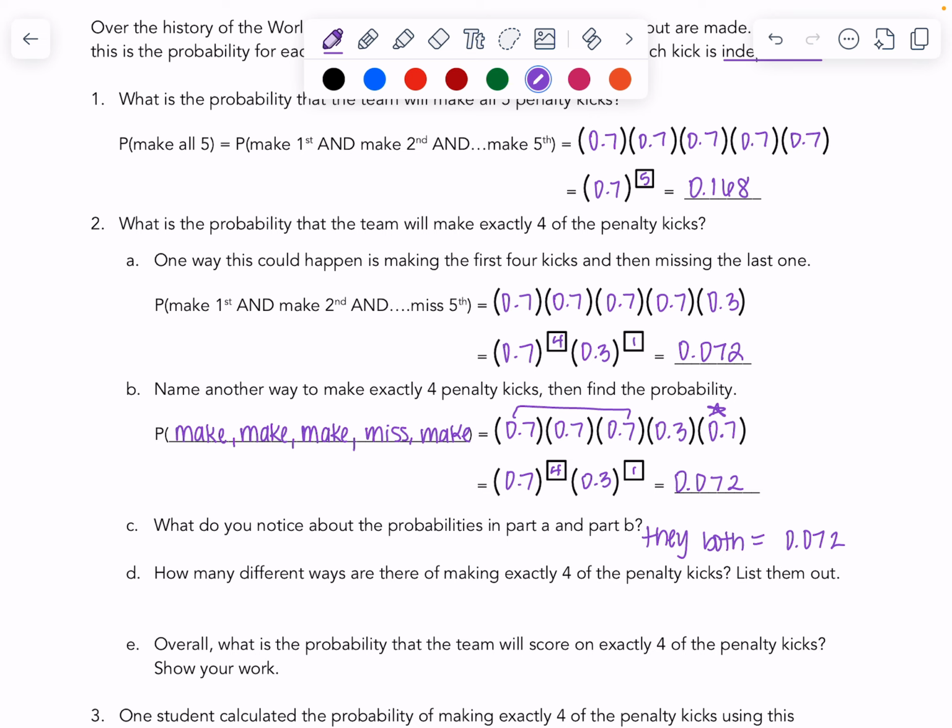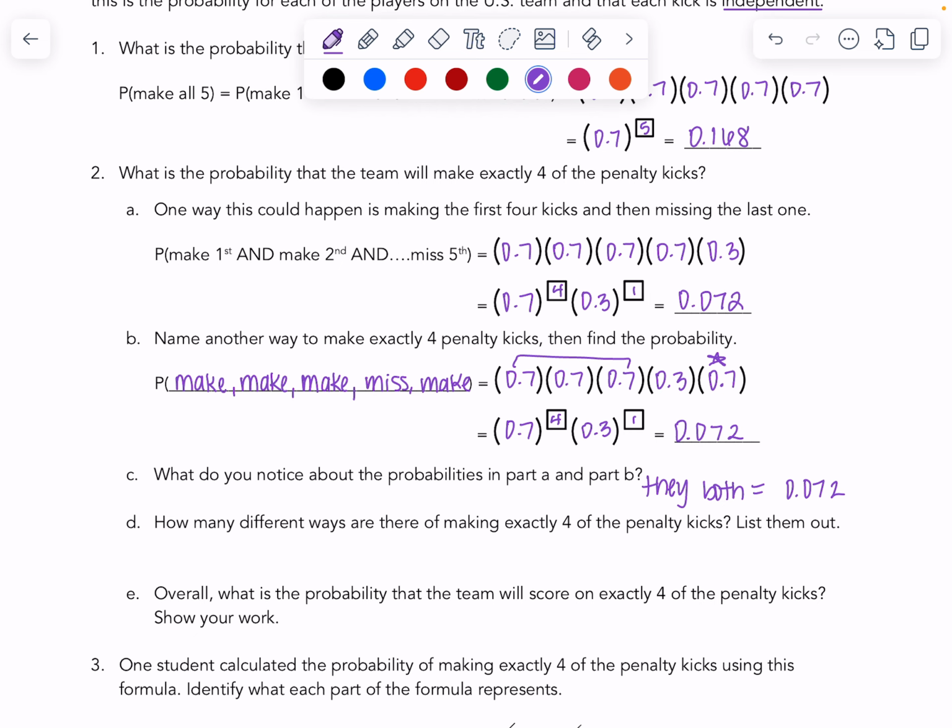How many different ways are there of making exactly 4 penalty kicks? Let's list them out. We have already talked about 2 of them, and I'm going to use check marks and X's so that we can fit it all in here. We could have 4 makes and a miss. We could have 4 makes and a miss, but the miss is on the 4th shot. The miss for the next one could be on the 3rd shot, or the 2nd shot.